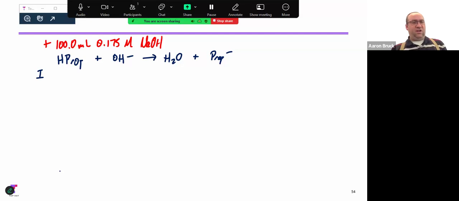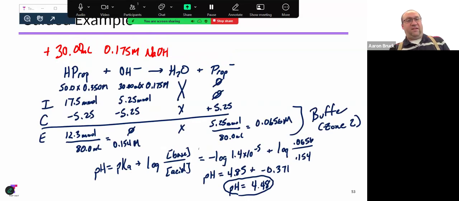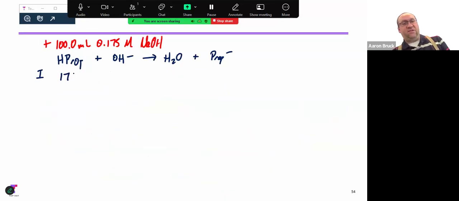Our initial condition, since we already did it in the previous problem, we can just extend. We started with 17.5 millimoles of the propanoic acid, and we had none of the conjugate base. 100 times 0.175 is 17.5.